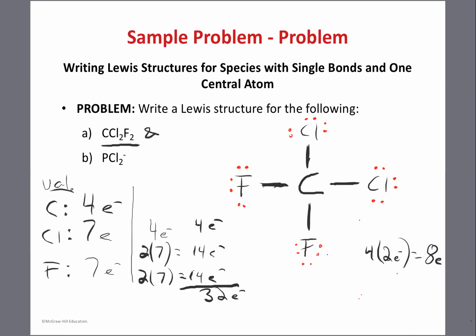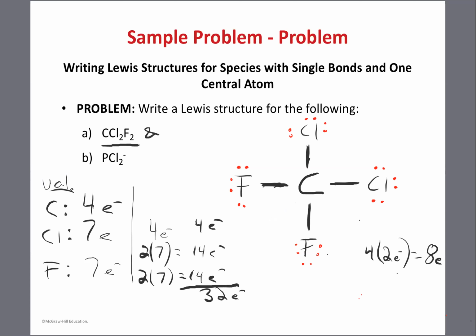Now I did not put any dots on the central carbon. How come? How many electrons are associated with that center carbon right now? Does it have 8? I think it does. That central carbon has 4 bonding pairs, 2 electrons per bond, that's 8 electrons, so it already has its full octet. Remember I said earlier that carbon likes to form 4 bonds?